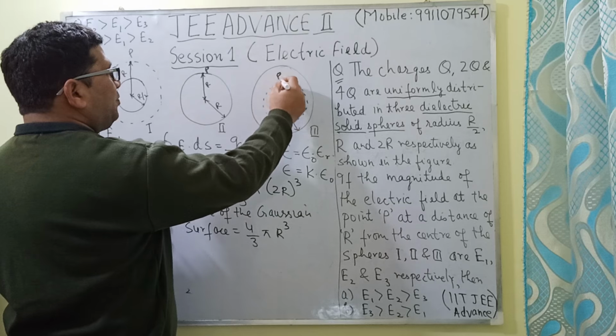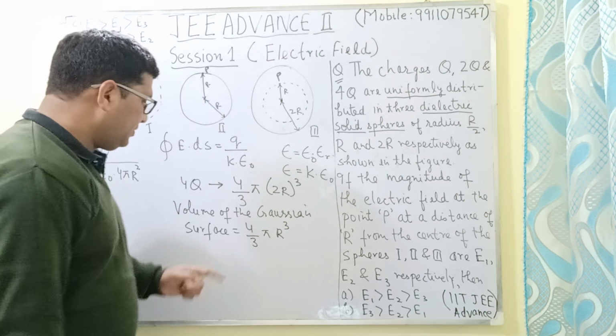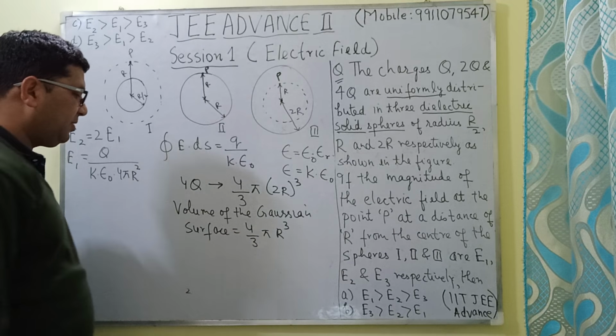Because this point P is at a distance of r from the center, the volume of the Gaussian surface is equal to 4 by 3 pi r cube.